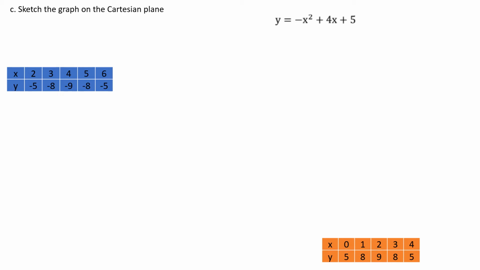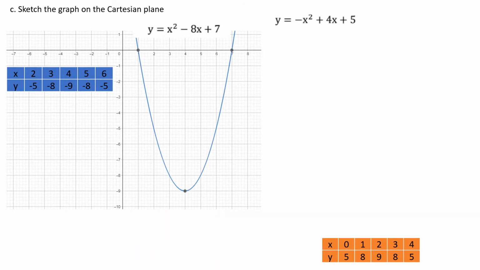So, let's sketch the graph on the Cartesian coordinate plane. Ito po yung nakuha po natin kanina as the table of values ng equation natin, y is equal to x squared minus 8x plus 7.